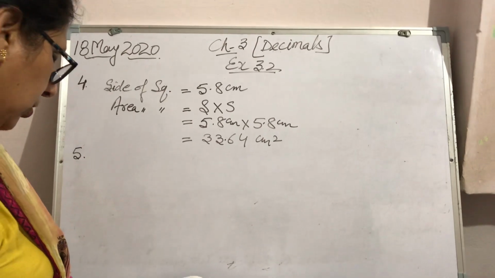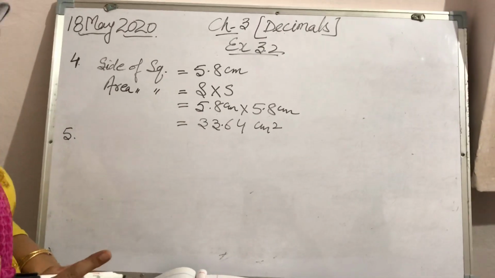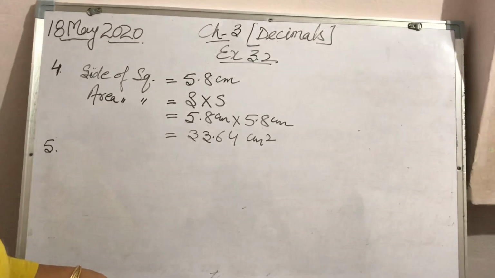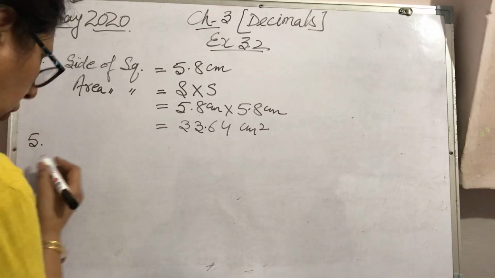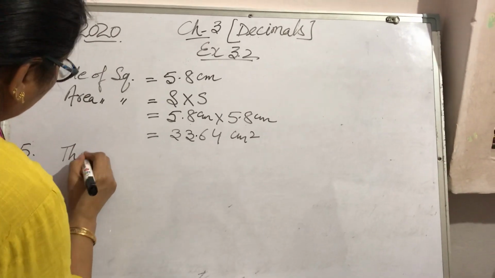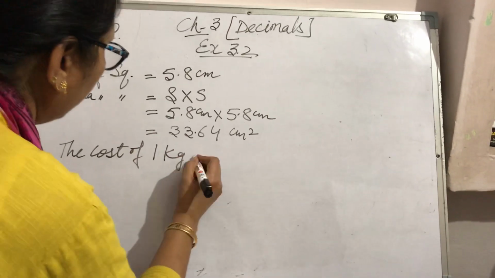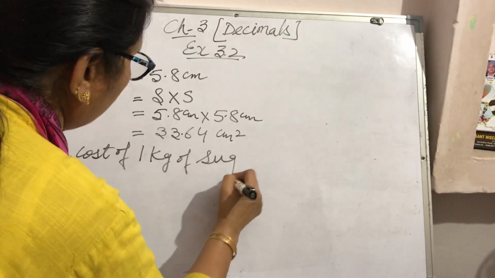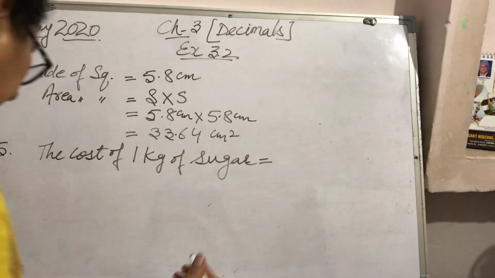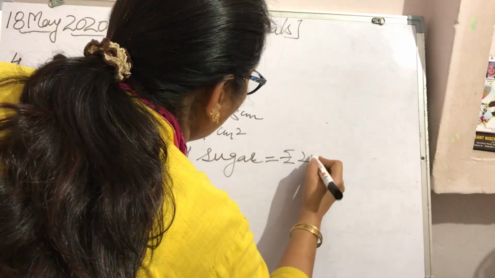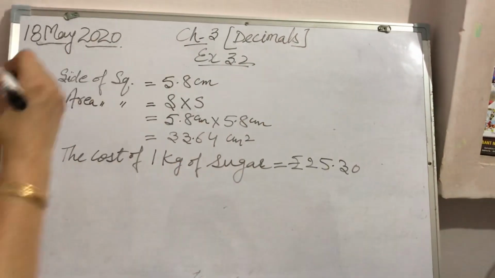But in this question, the value of 1 kg of sugar is given. We have to find the cost of 13.5 kg of sugar. So simple, the cost of 1 kg of sugar is rupees 25.30.